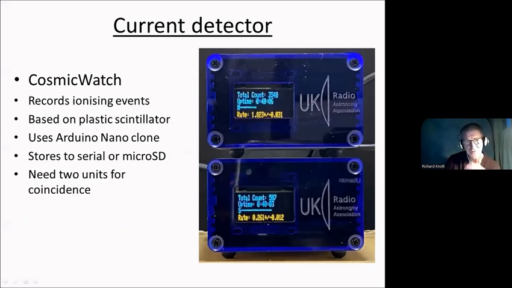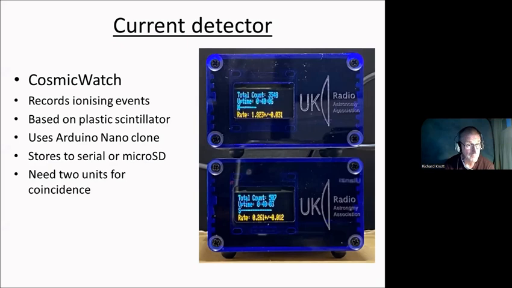So, a quick overview of where we are now. UCRA currently supply the Cosmic Watch derived detectors. We are capable of recording beta, gamma, and muon events. It uses a standard BC408 scintillator and a silicon photomultiplier.